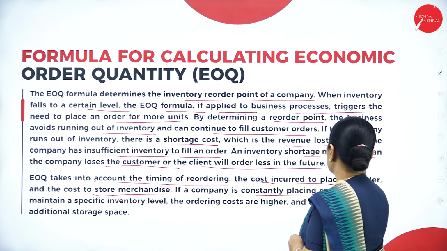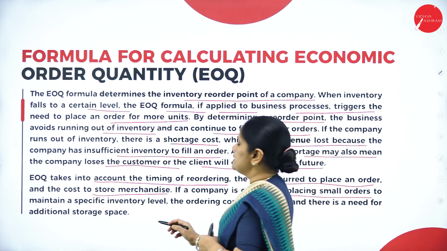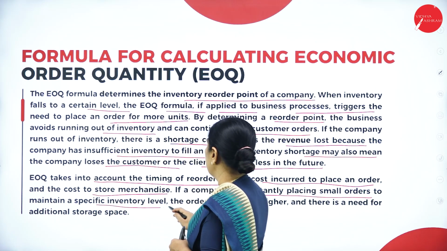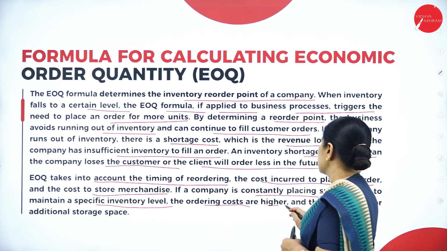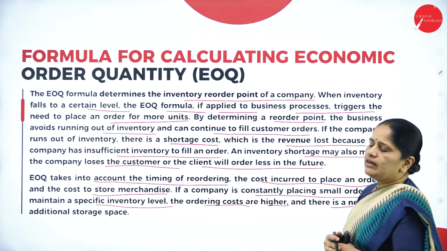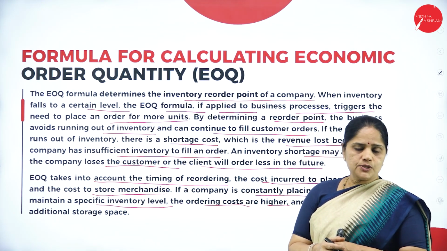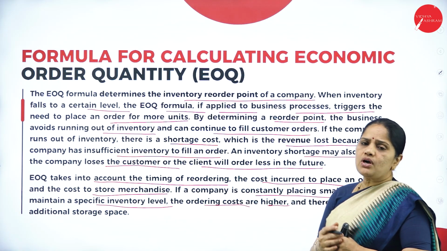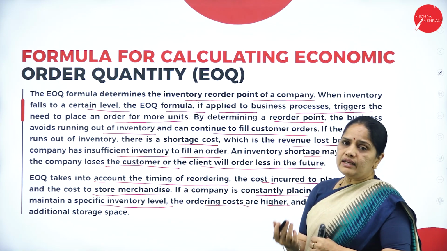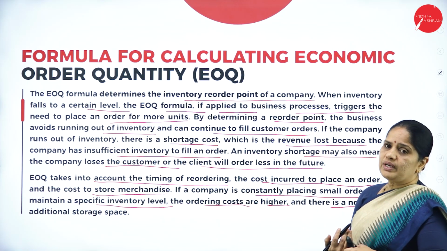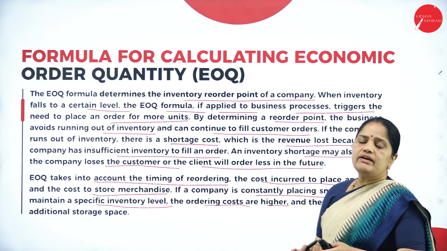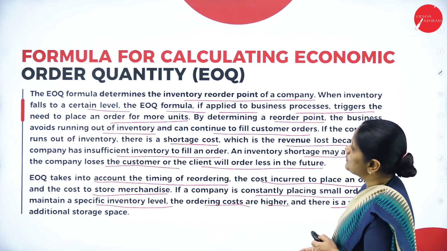If a company is constantly placing small orders to maintain a specific inventory level, the ordering costs are higher and there is a need for additional storage space. So if the company keeps on making small orders, then the ordering cost will be high and there will be a need for additional storage space.